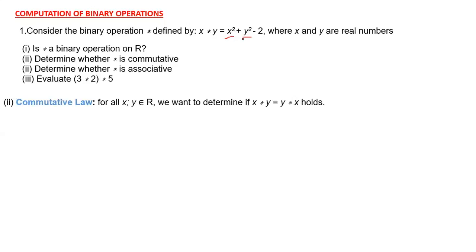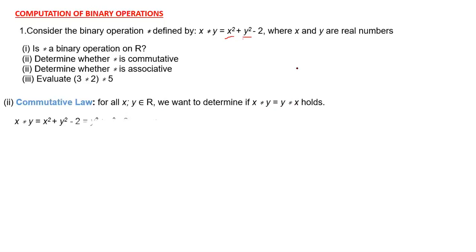Okay, this is what I'm trying to talk about here. For all values of x and y, where x and y are members of real numbers, we want to determine if x star y is equal to y star x.